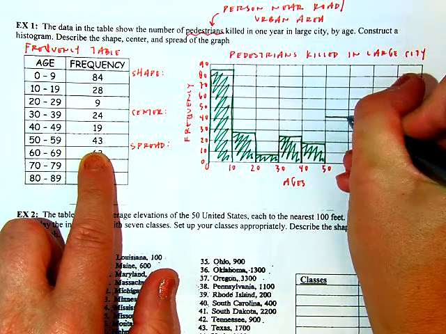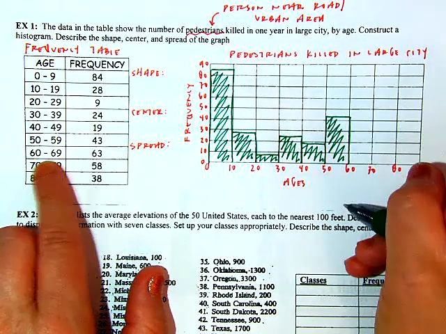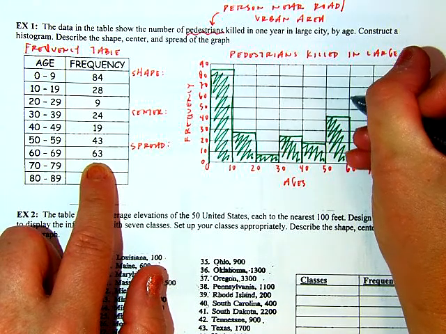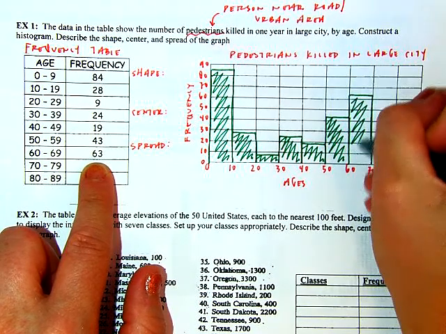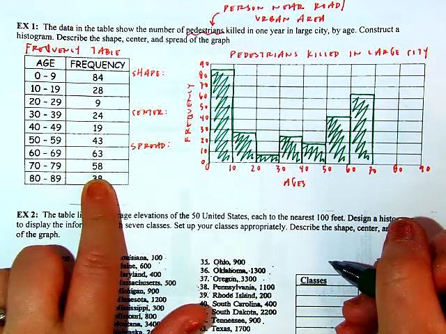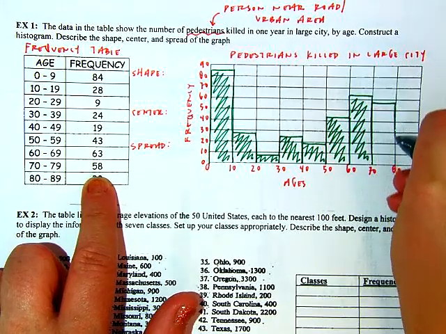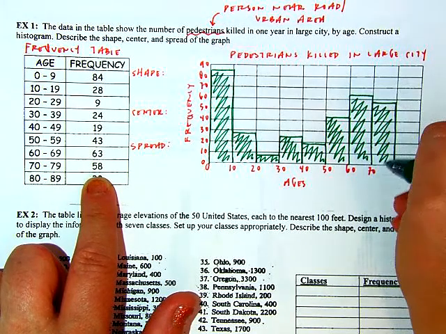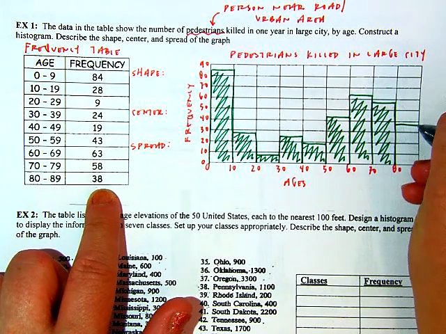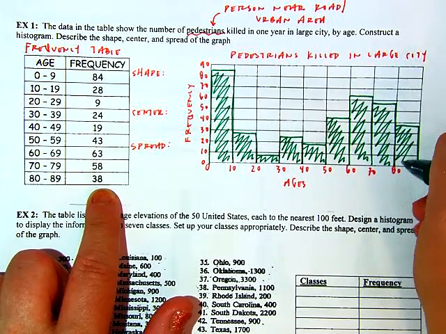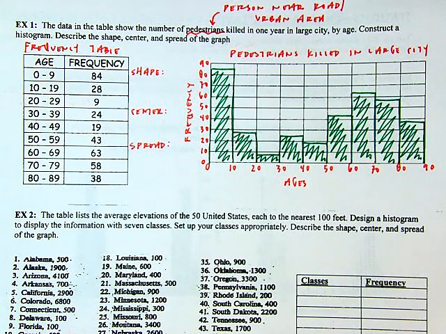So right in here. 60 to 69 is 63, so right here. 70 to 79 is 58, so right in here. And then 80 to 89 is 38, so right about there. All right, so check to make sure that we match, and then we want to talk about it.